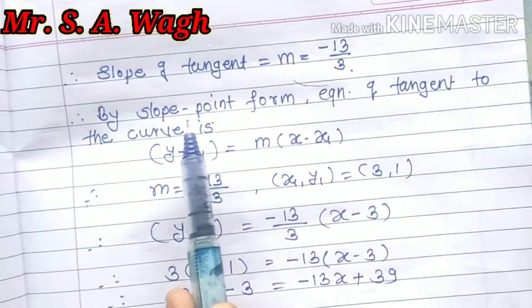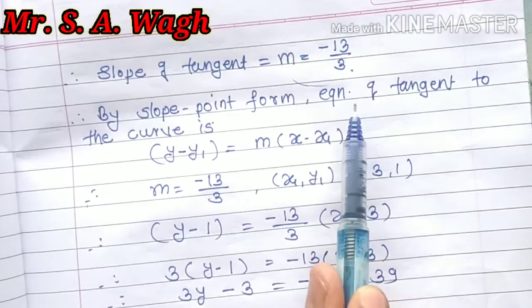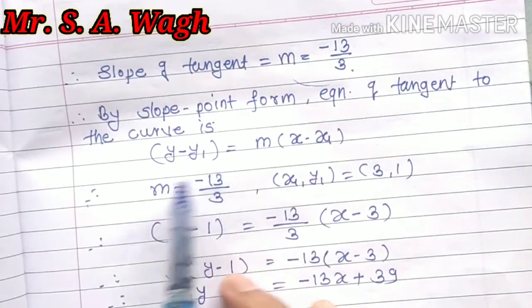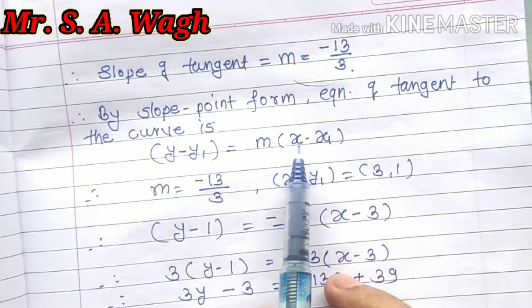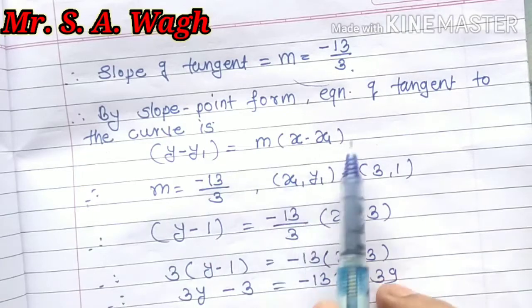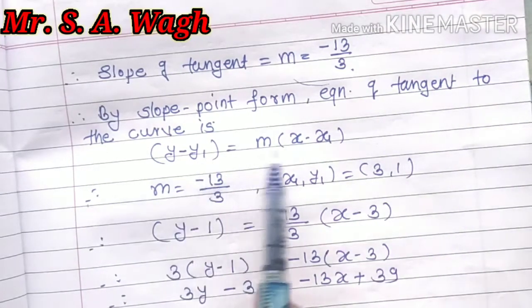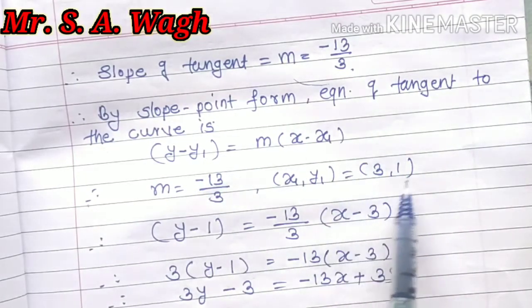Now by using the slope point form of a straight line, the equation of tangent to the curve is y minus y1 is equal to m into x minus x1. This is the formula of slope point form to write the equation of a straight line. So we substitute m equal to minus 13 by 3 and (x1, y1) equal to (3, 1).